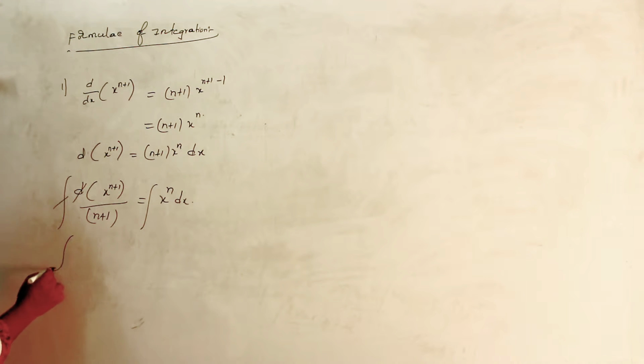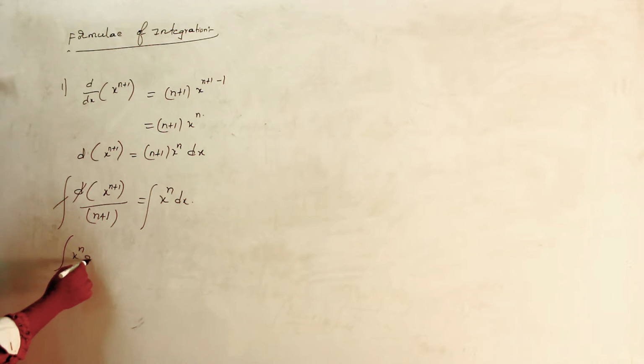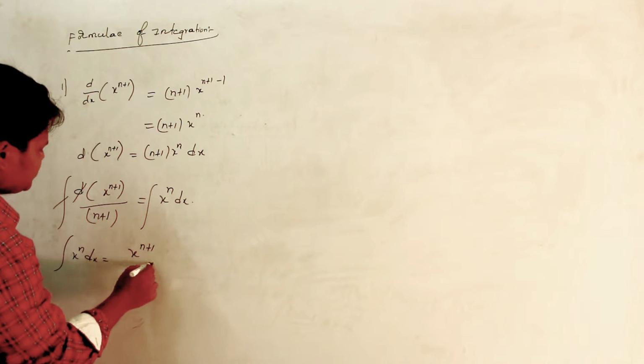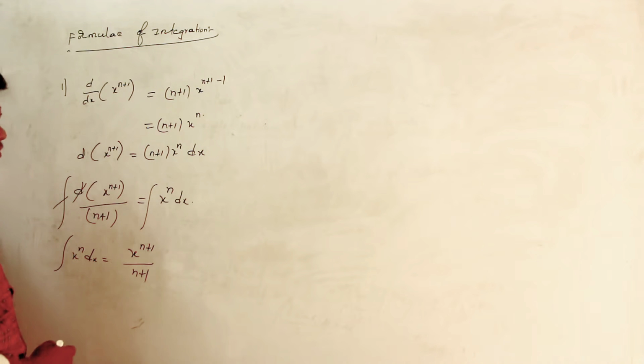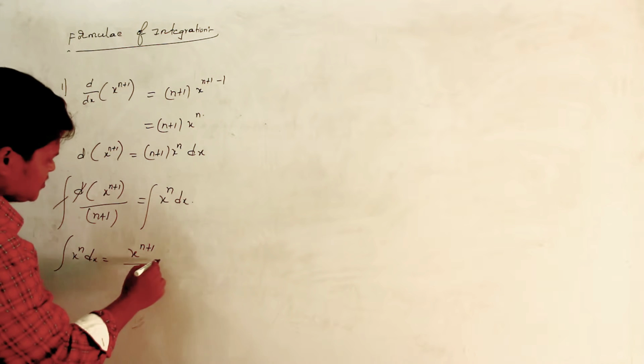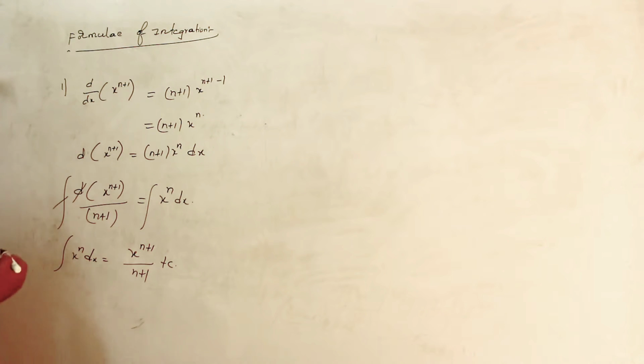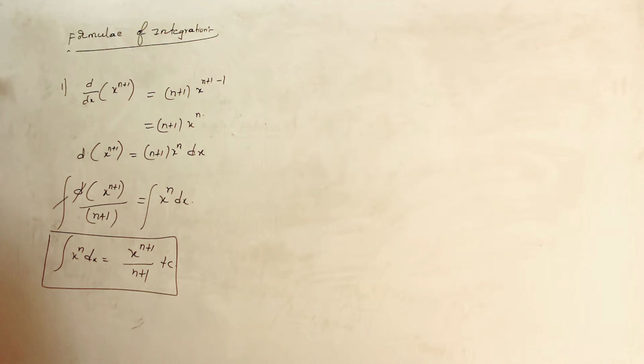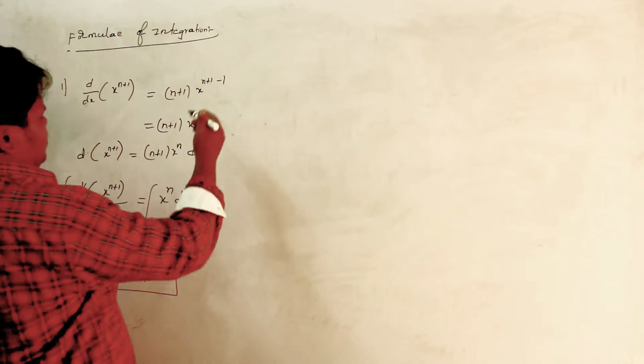We got integration of x power n dx is equals to x power n plus 1 divided by n plus 1, and we have to place a constant, as we just discussed, and this is our answer. So integration of x power n dx is equals to x power n plus 1 divided by n plus 1 plus c. So that is our answer.